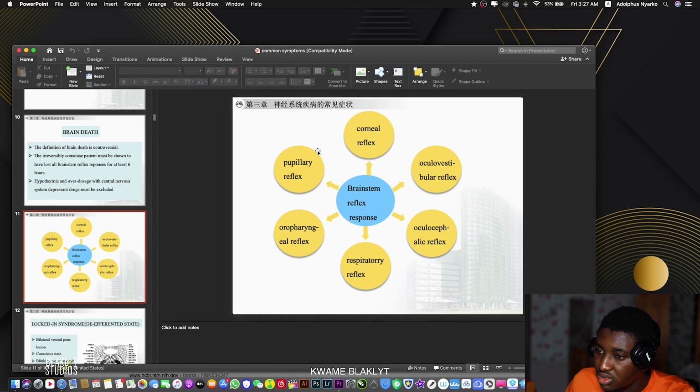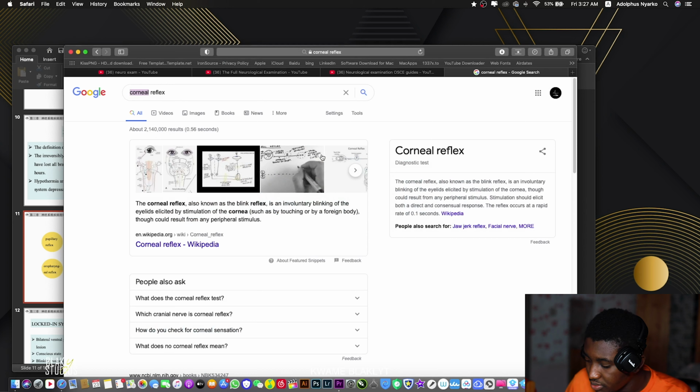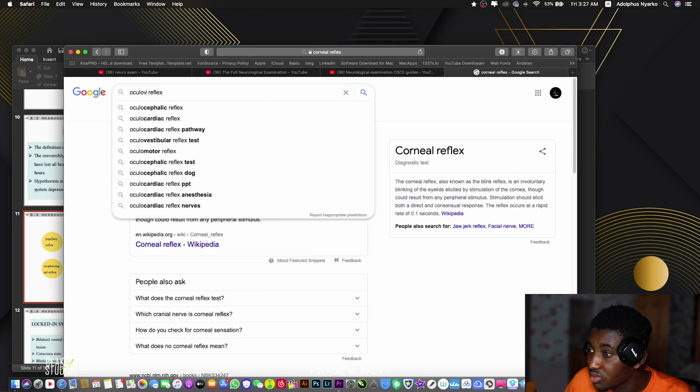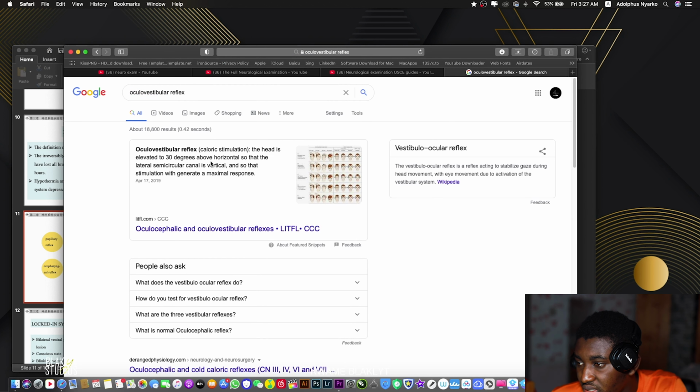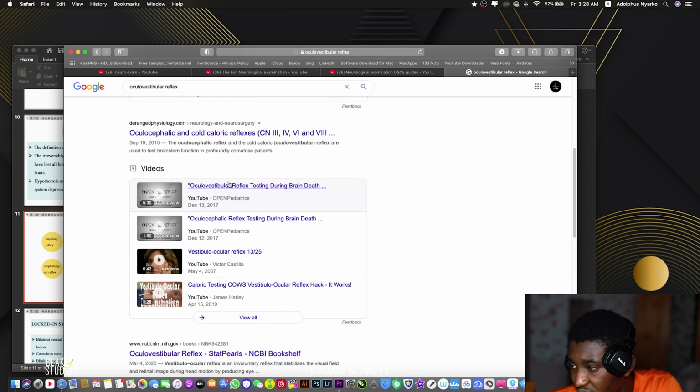And then we've got the oculovestibular reflex, right? That is where the head is elevated to 30 degrees above horizontal so that the lateral semicircular canal is vertical, and so that stimulation will generate a maximal response.